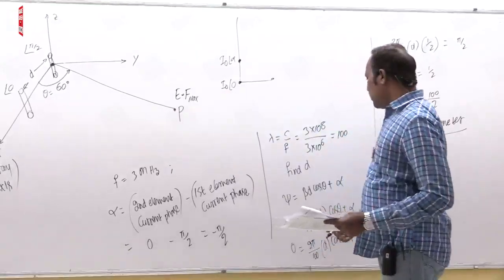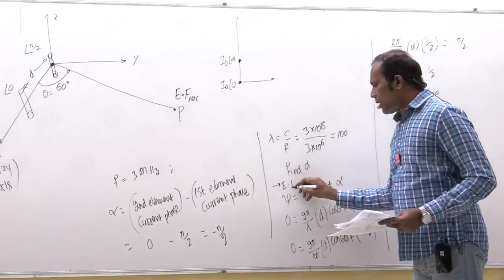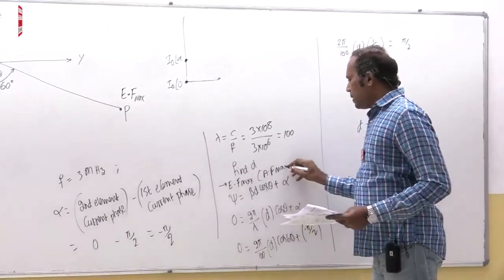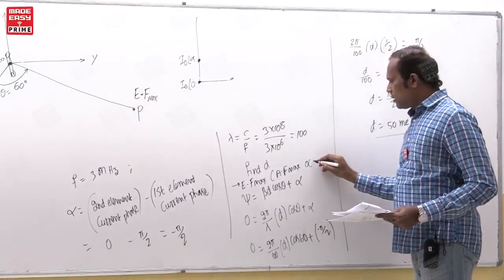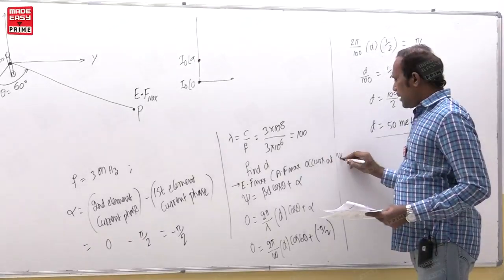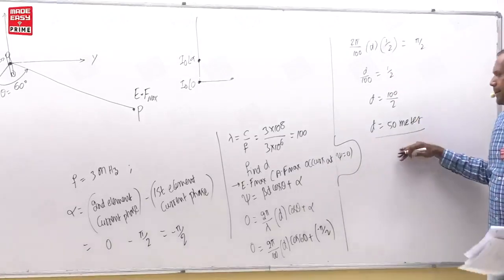For that, array factor should be maximum. So for electric field maximum, array factor should be maximum. Array factor maximum occurs at psi 0, right? So this is the answer.